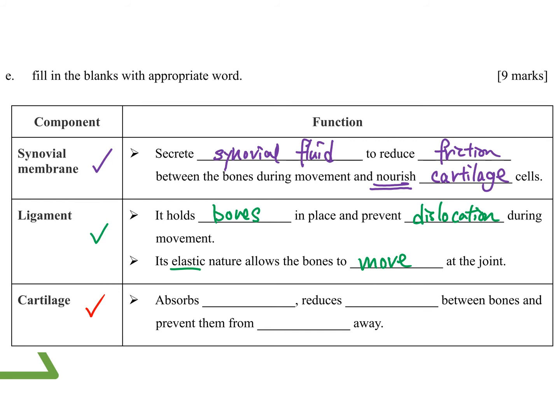What is the function? It helps to absorb shock and it reduces the friction between the bones and prevents them from wearing away, 磨損啊. Alright, this is the function of the three components in the movable joint.